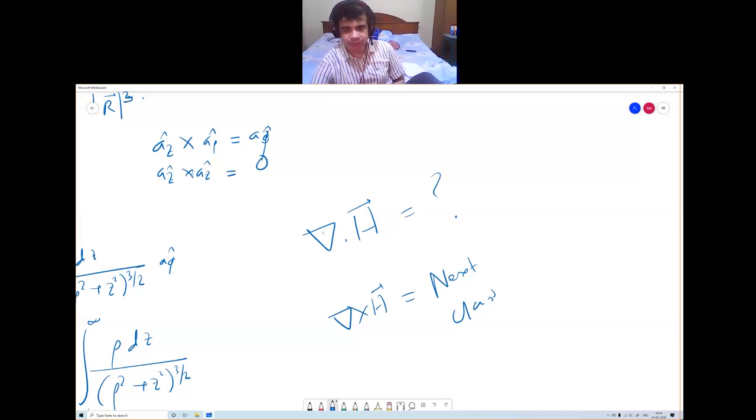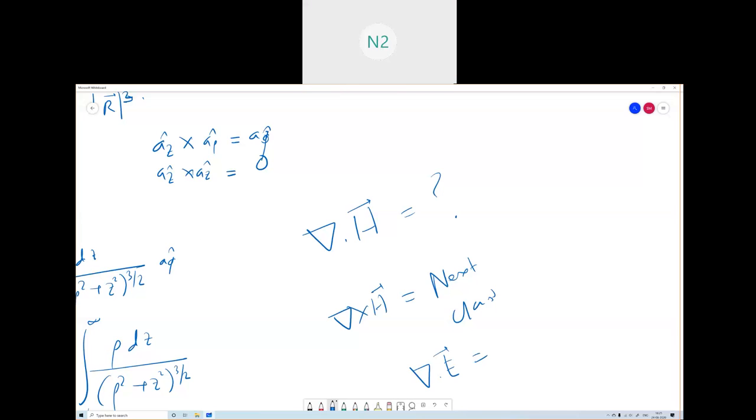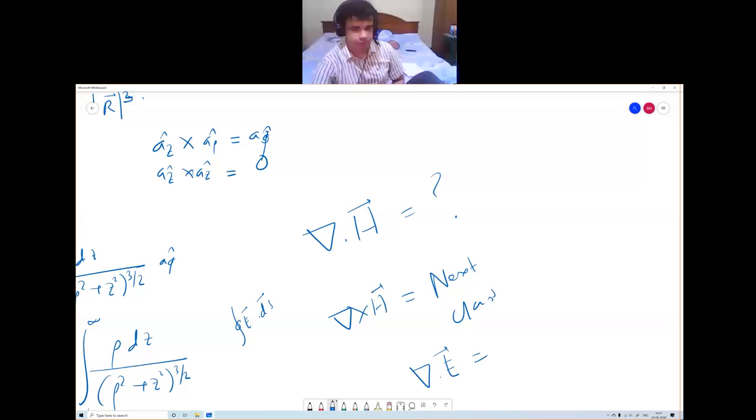What was this? Flux. Electric flux. No, that is not electric flux. Electric flux is this. This was an electric flux to a surface.